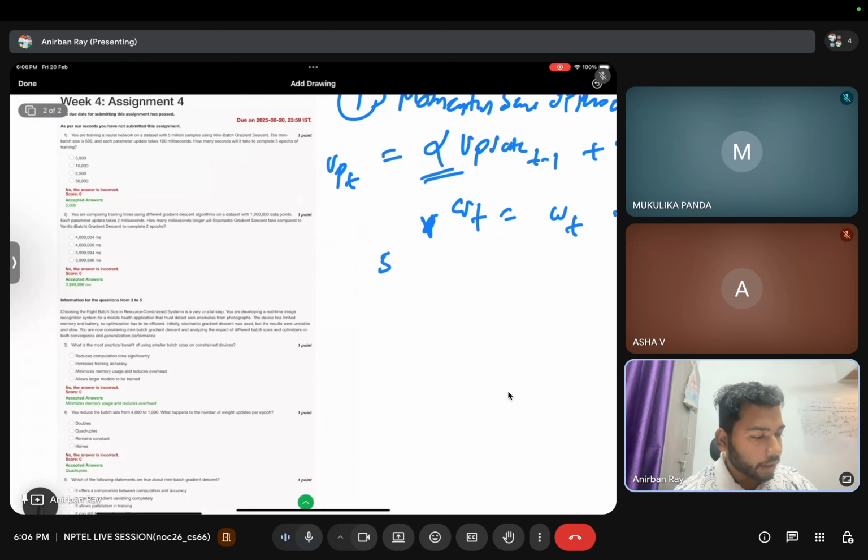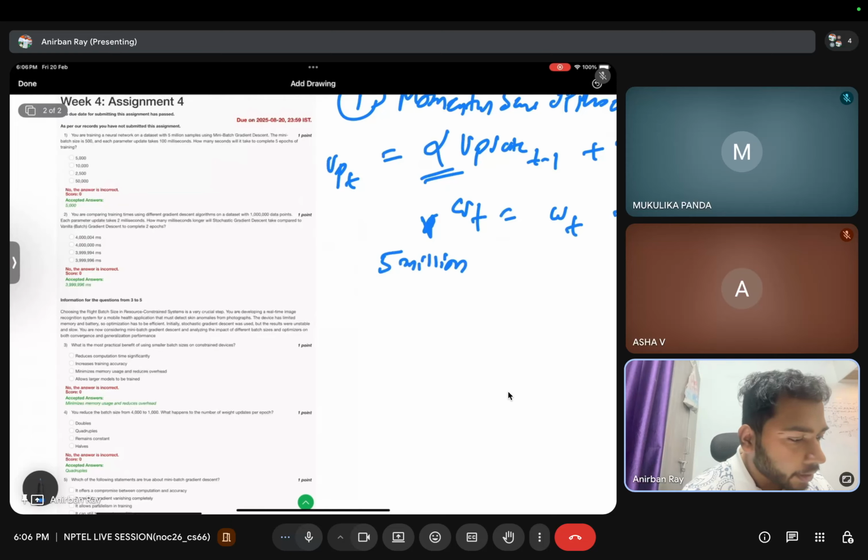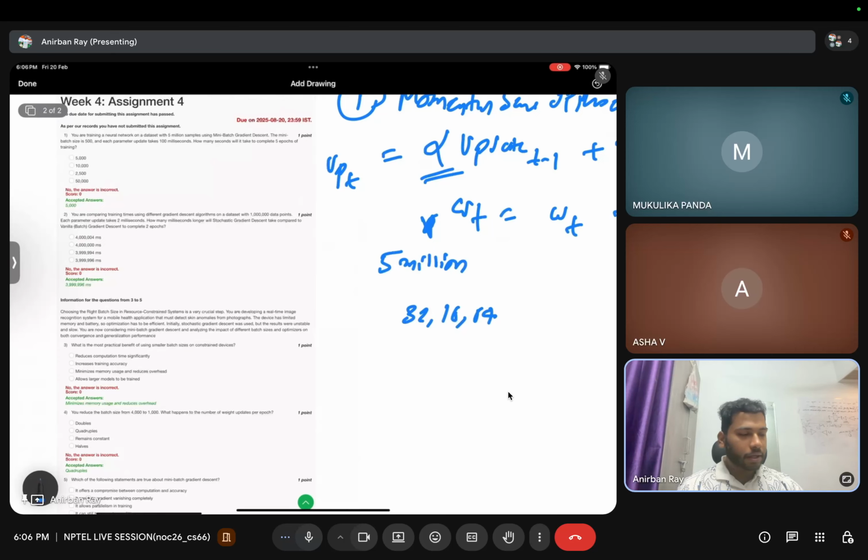The total data set size is 5 million, using mini batch gradient descent. Usually a batch size like 32 or 16 is taken, but the mini batch size here is 500. So you're making a gradient update taking 500 samples at a time.